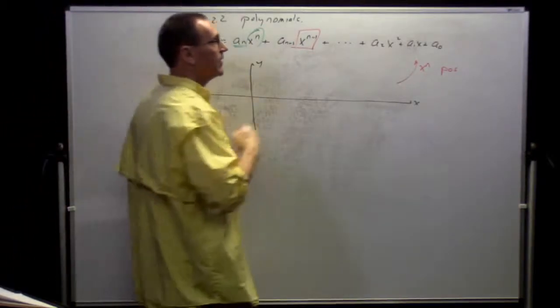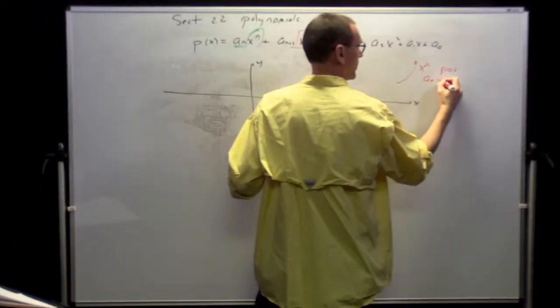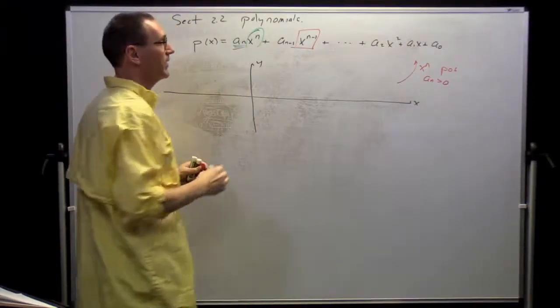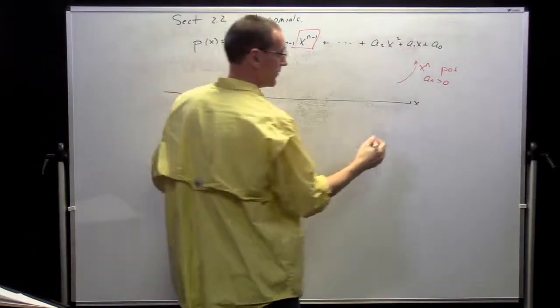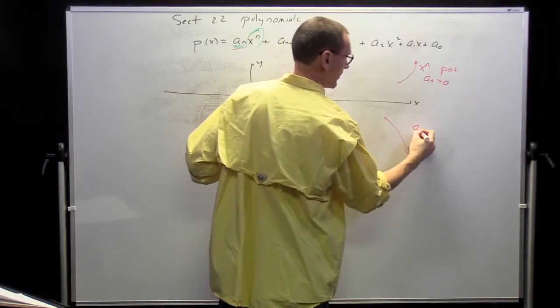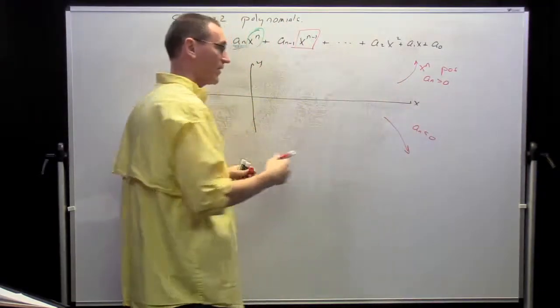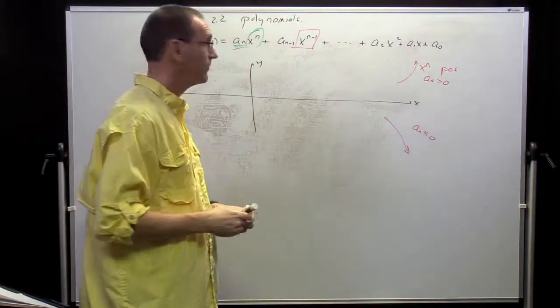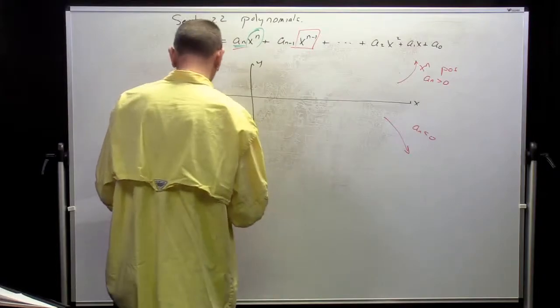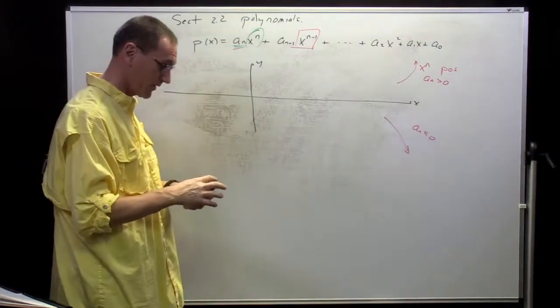But that's only going to be true if this number right there is positive. If that number is negative, I'm going to have negative times a positive, and the whole thing is going to get very negative.